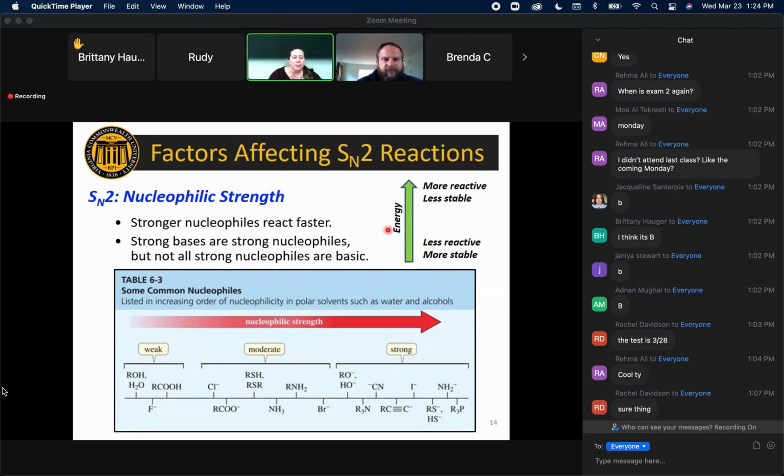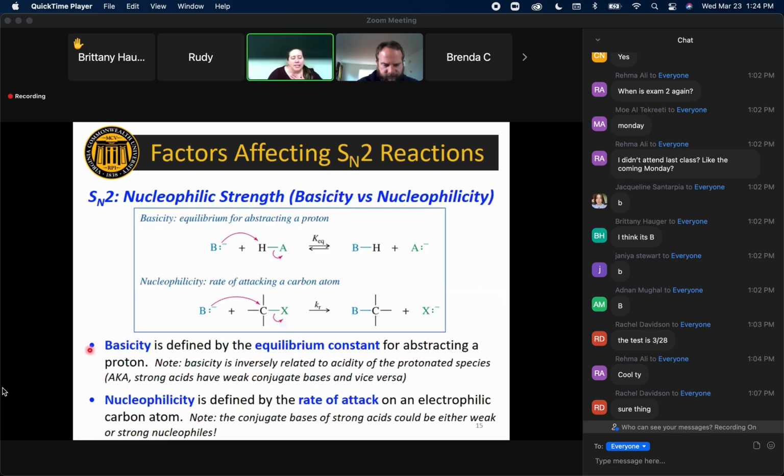Okay, so I told you we need to take a moment to really drill down to the difference between basicity and nucleophilicity. So I want to take the time to do that now. This is important for this chapter, but will be very important for chapter 7. So we'll revisit it then, but for right now, it's still a feature that we need to be thinking about and knowing about.